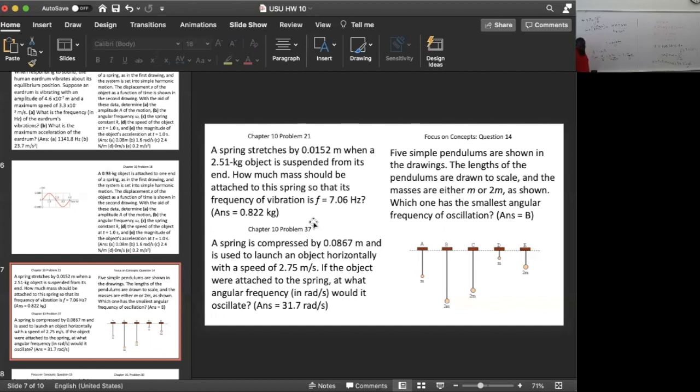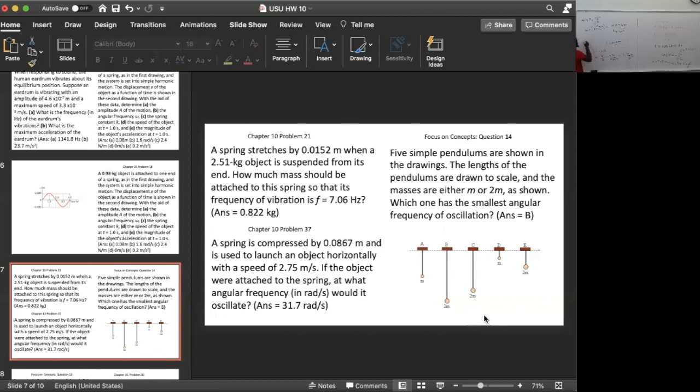The next problem says 5 simple pendulums are shown in the drawing. The lengths of the pendulums are drawn to scale, and the masses are either M or 2M as shown. Which one has the smallest angular frequency of oscillation? What does the angular frequency depend on? The length.